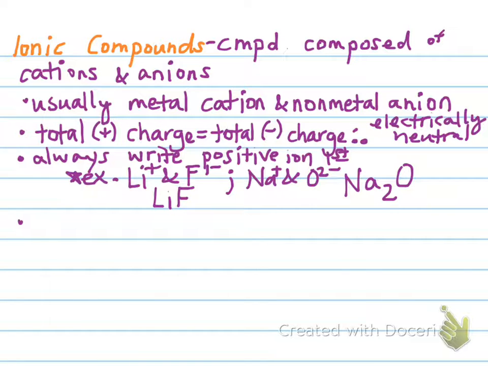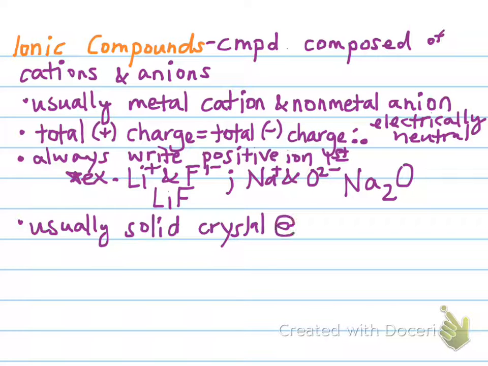Ionic compounds are usually a solid crystal at room temperature with a high melting point.